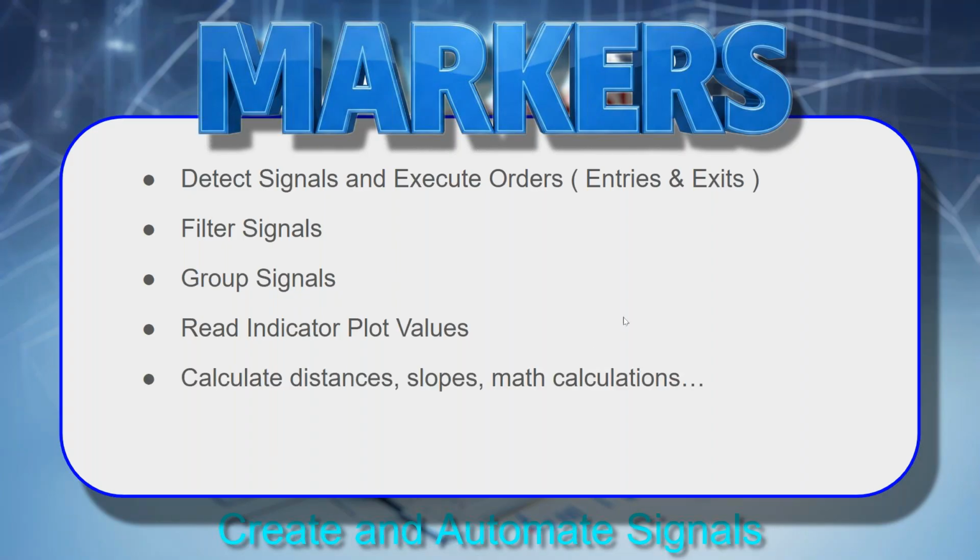You can calculate distances, slopes. You can do math calculations. For example, if the price is greater than the line, but the other line is going up, and also the bar is green, and etc., a lot of etceteras, then you create a signal. And finally, create signals, okay? And you can join this with your own indicators, with order flow indicators, and join all together.